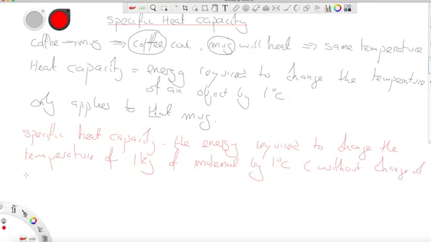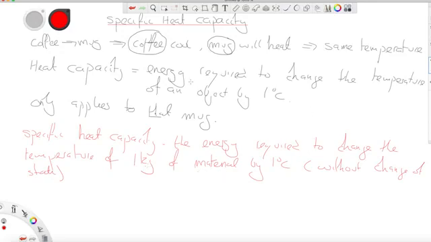That'll become more apparent when we talk about latent heat, which goes on at a change of state. But that's your definition of specific heat capacity, the energy required to change the temperature of 1 kilogram of a material by 1 degree C.